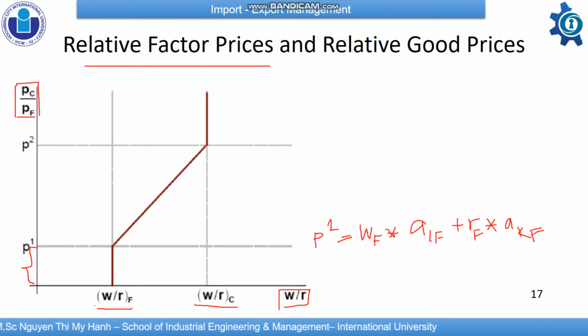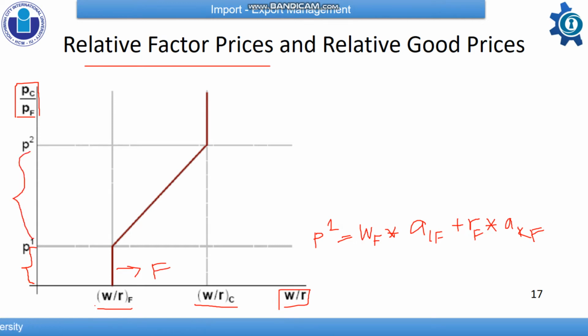And here they will specialize in food. In this area, when the relative price of cloth to food is less than P2 and larger than P1, they will produce both food and cloth.